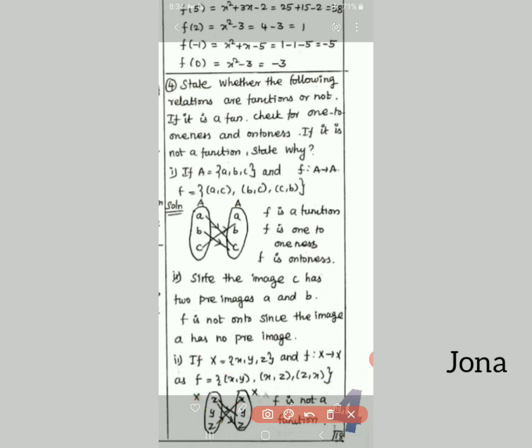According to this relation, I have x to y and x to z, and then z to x. First of all, here f is not a function because y doesn't have an image, isn't it? So it is not a function.